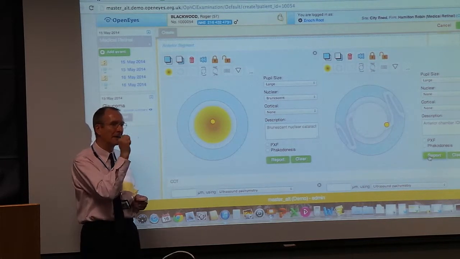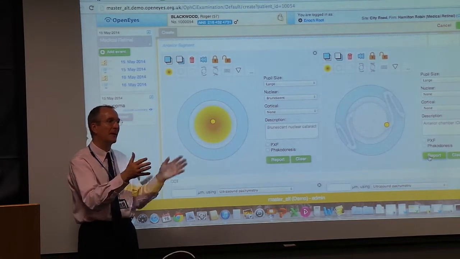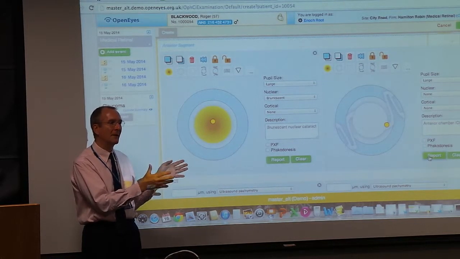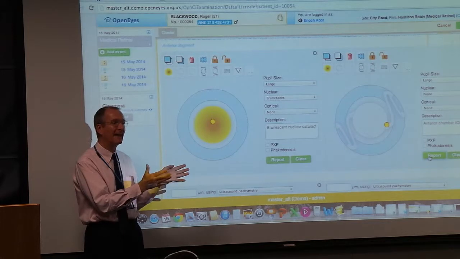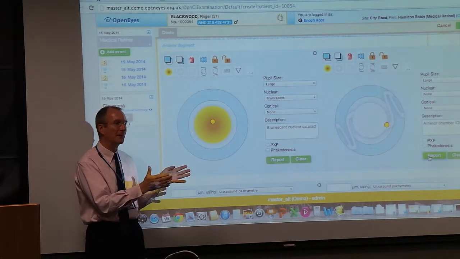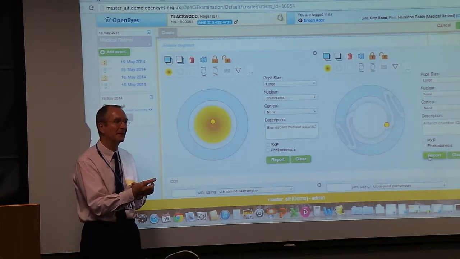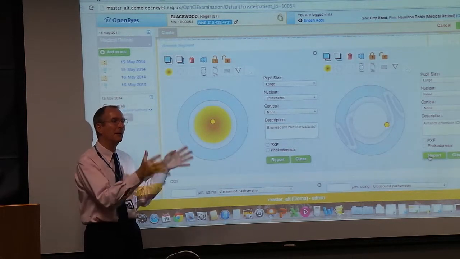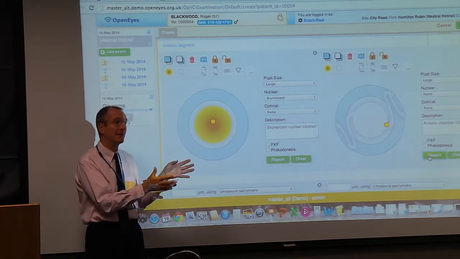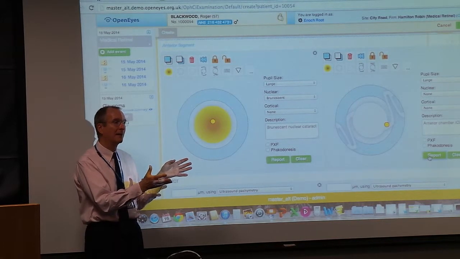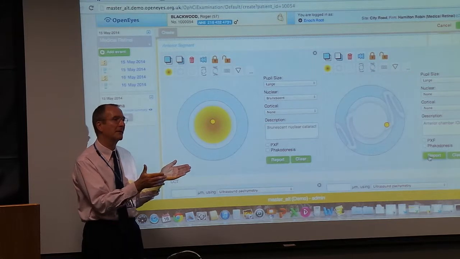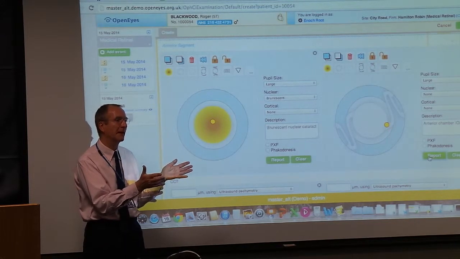And I'm conscious I haven't answered your question about the relative cost. Most of the cost of this has been due to the fact that it's an in-house bespoke system, not because it's open source. So in fact there are only small savings. If we'd done the whole thing as a commercial exercise and sold it, then from a cost point of view it wouldn't have cost very different amounts.